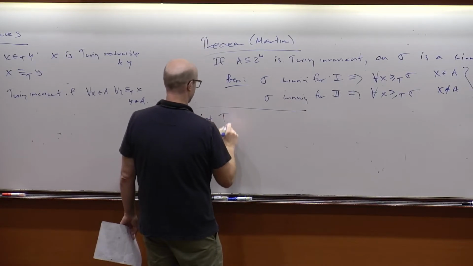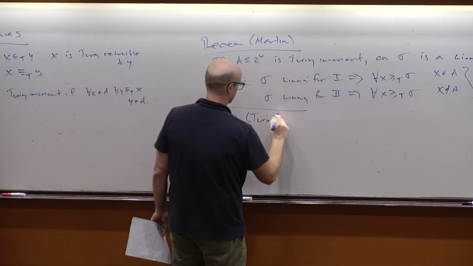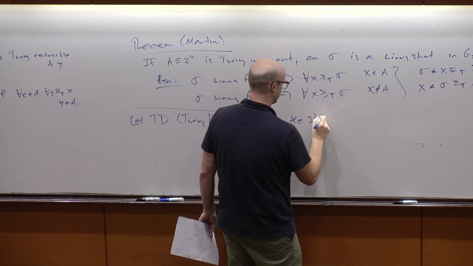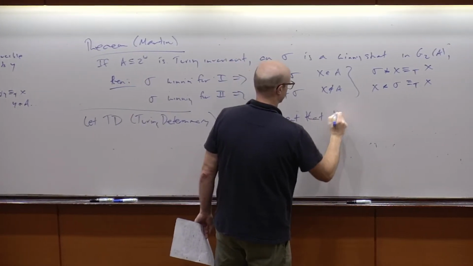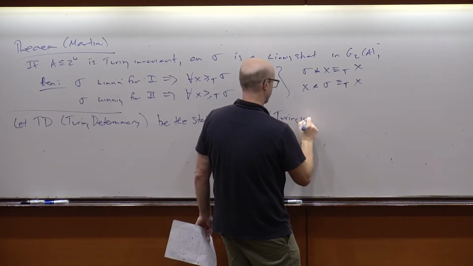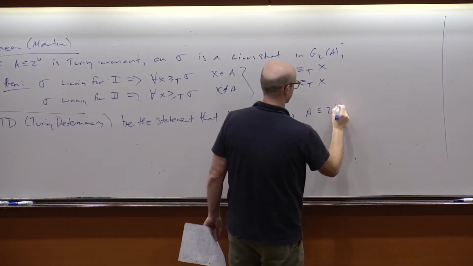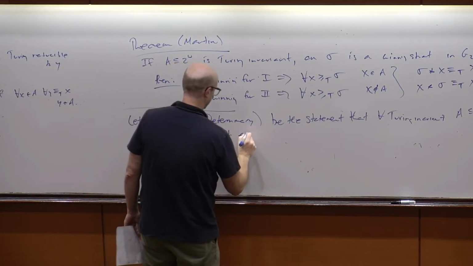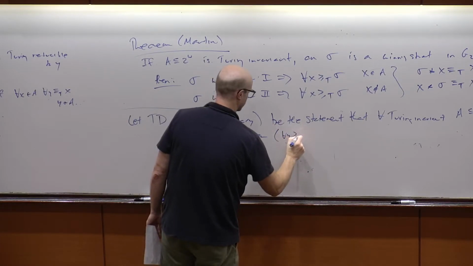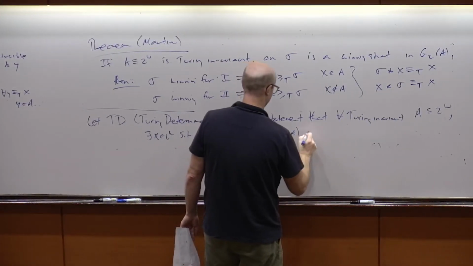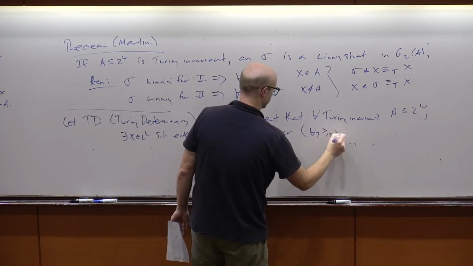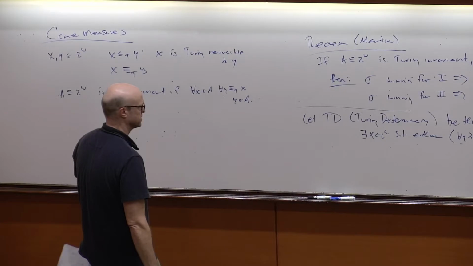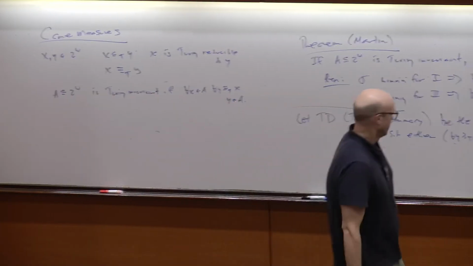Let Turing determinacy be the statement that for all Turing invariant A contained in 2 to the omega, there exists an x in 2 to the omega such that either, just the obvious thing, for all y Turing above x, y is in A, or for all y Turing above x, y is not in A. And the question is, have I been consistent with my notation? Maybe I have. Okay, so this is Turing determinacy.